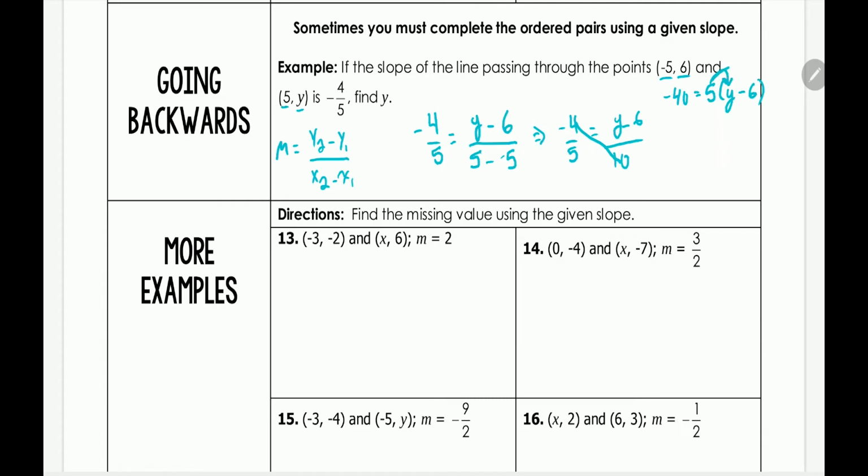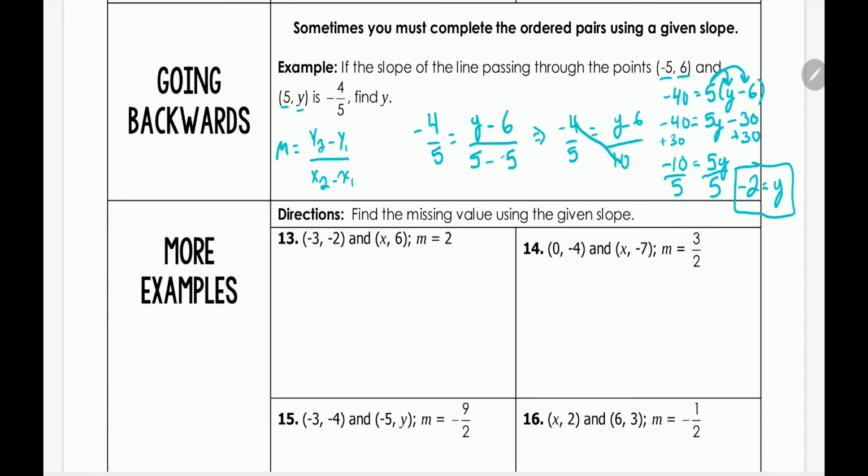Distribute the 5. We have 5y minus 30 is equal to -40. In order to solve for y, we're going to add 30 to both sides. We have -10 is equal to 5y. We're going to divide by 5 on both sides. And we have that -2 is equal to y. And that's going to be our answer.